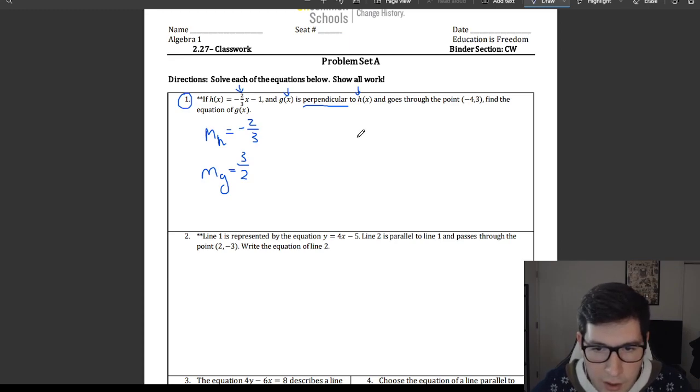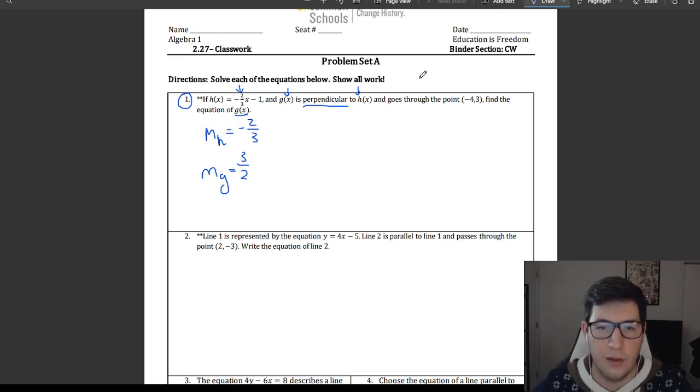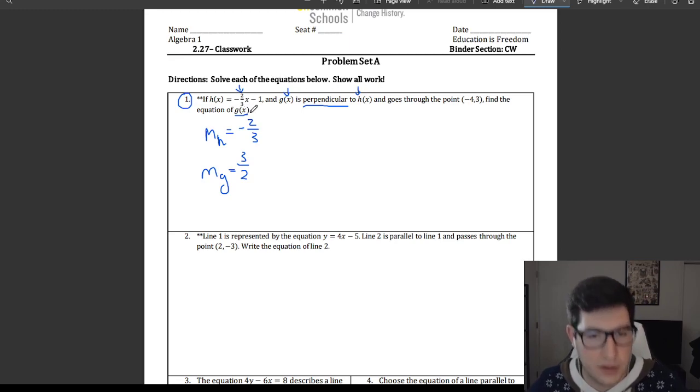So I'm going to go ahead here. Remember that when we have g of x, we're simply going to put that in place of y. When we have stuff like g of x and h of x, what we're really saying is that we have a specific function, h or g, in terms of x. So it's a different way to describe a line, like saying y is equal to, but it's a little bit more specific.